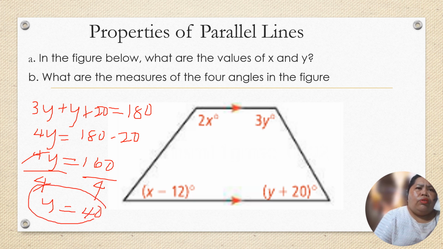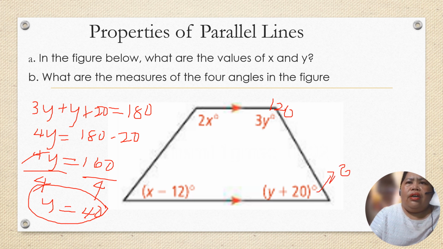Right. Now, if this is 40, 3 times y, of course, is 120 degrees. And we have here 40 plus 20, this is 60 degrees. Yeah, I'm correct again. Okay, so y is 40. Okay, next. Let's go to the next.